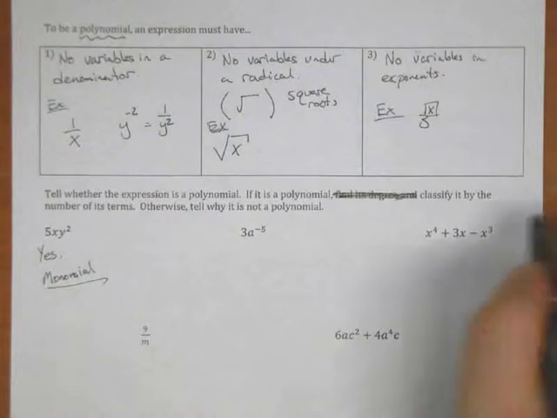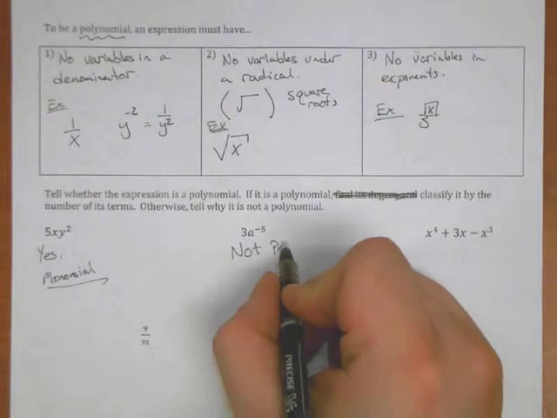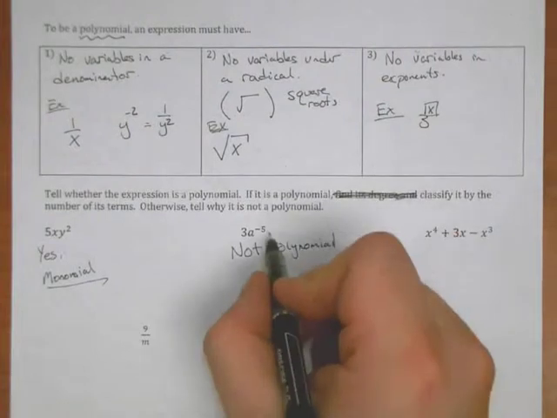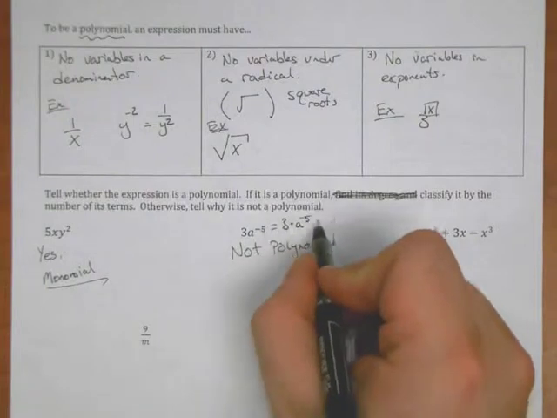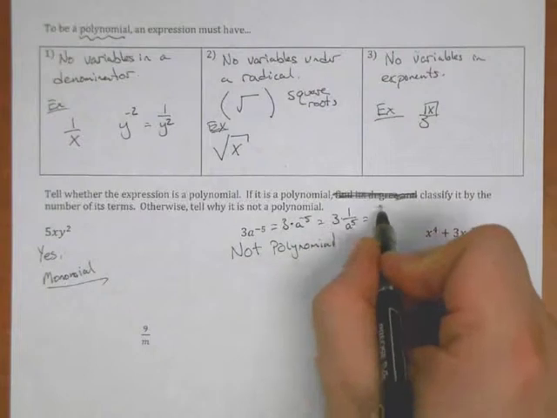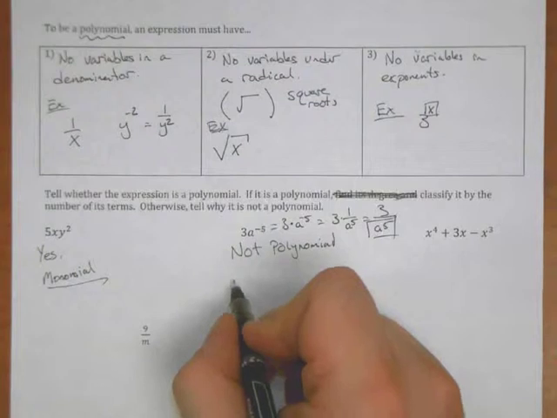Okay. The second one is not a polynomial. The reason for that is if I rewrite this, it's the same as 3 times a to the negative 5, which is 3 times 1 over a to the positive 5, a variable in the denominator.